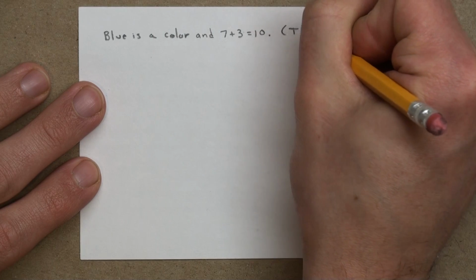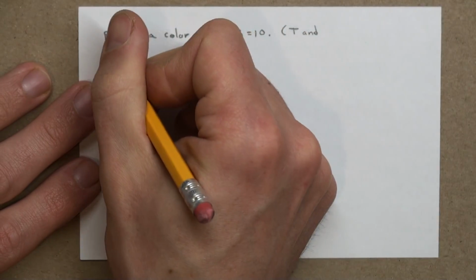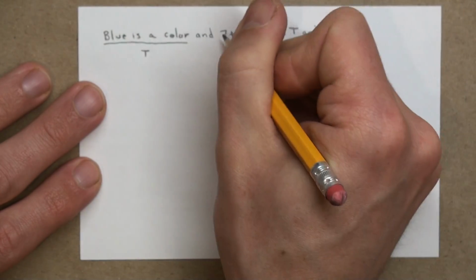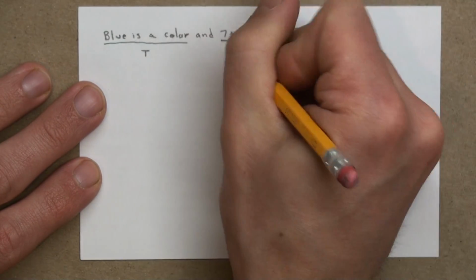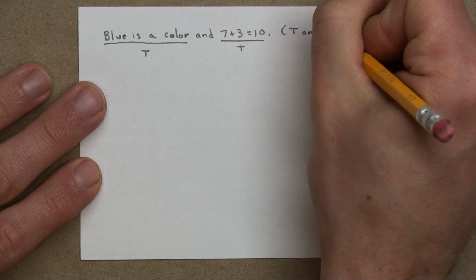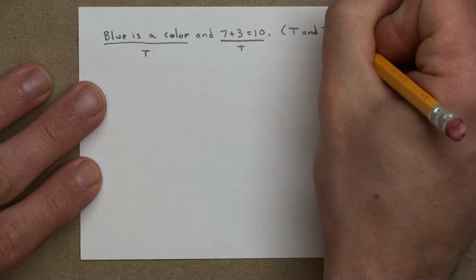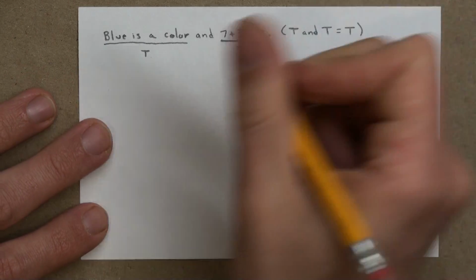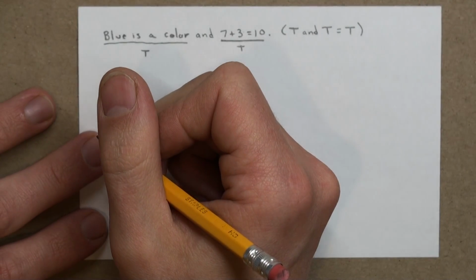So true, right? The first part is true and the second part is true. So when they're both true, true and true equals true. Alright?